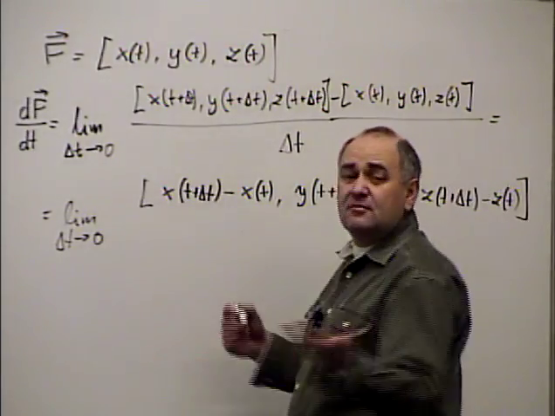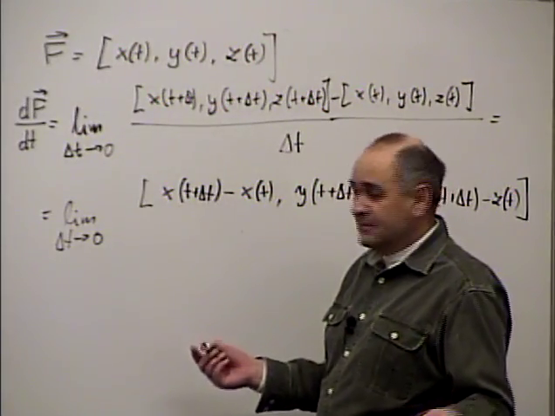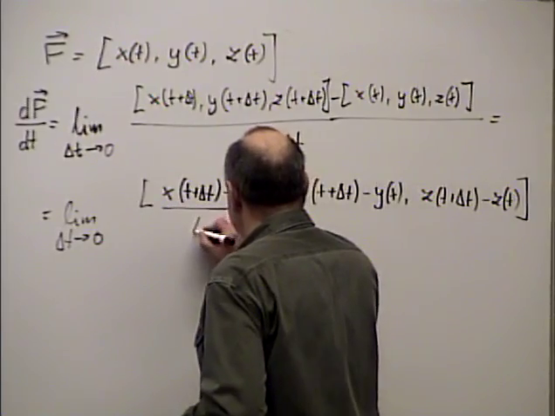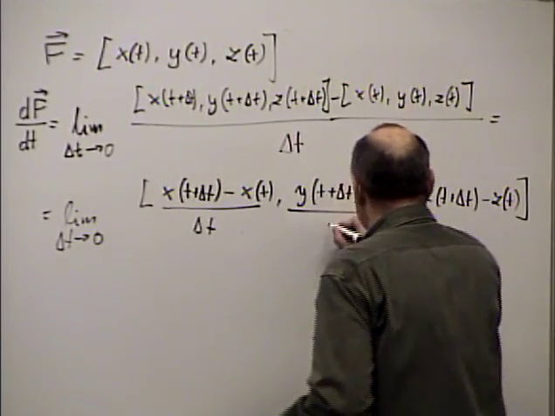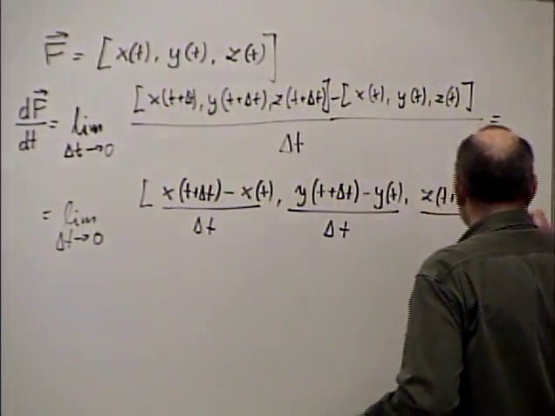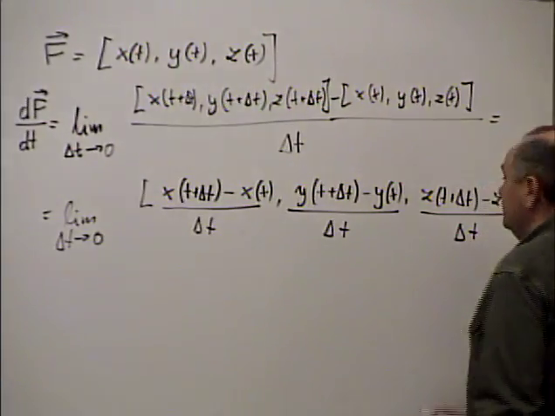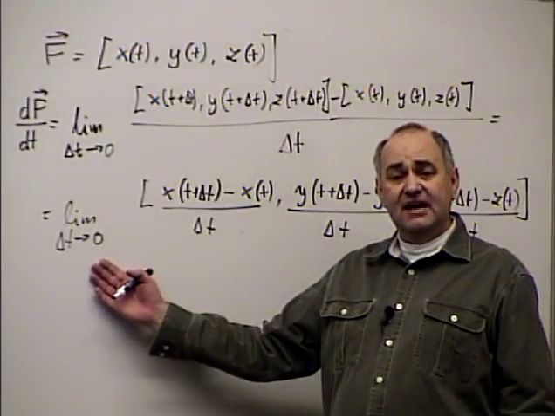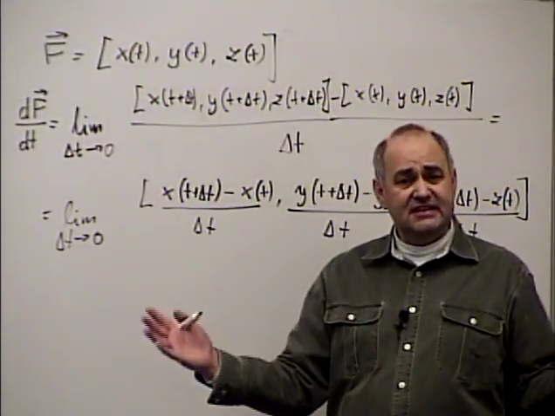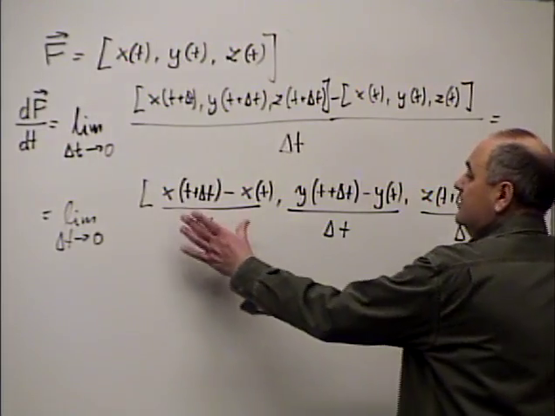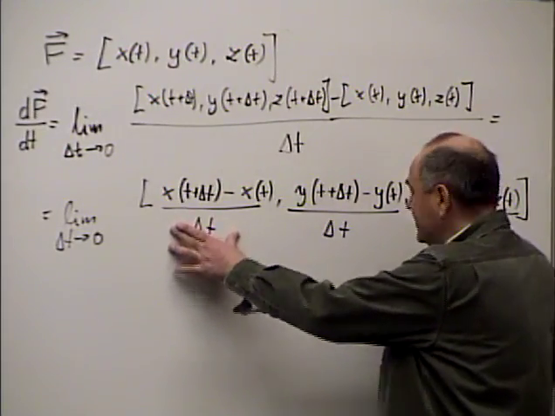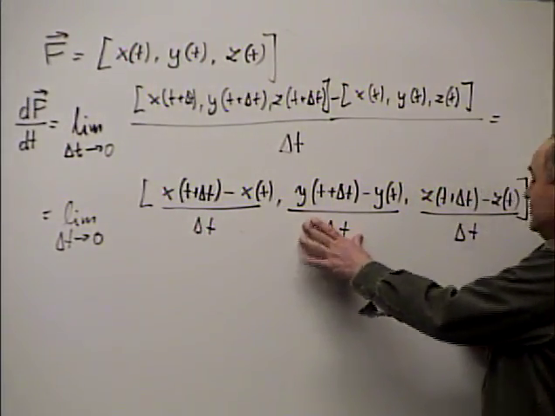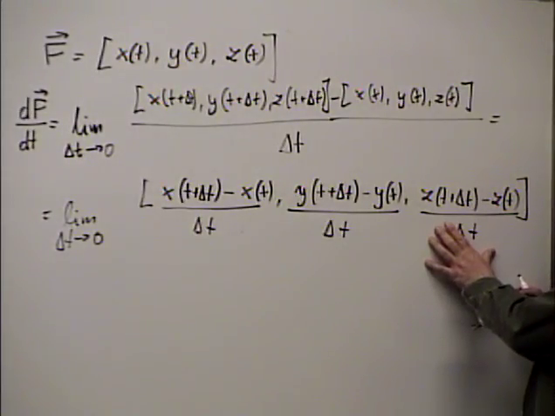So I have to multiply each component by this number, which means that over here I'm going to have delta t, over here delta t, and over here delta t. Now I will have to imagine what will happen. So for a single delta t, I will have the difference quotient for the x component, the difference quotient for the y component, and the difference quotient for the z component.